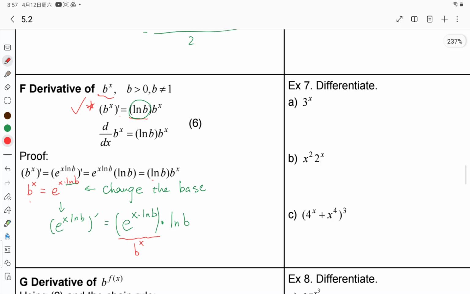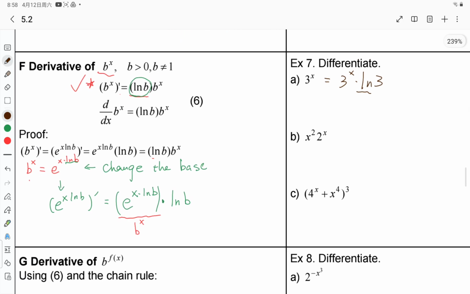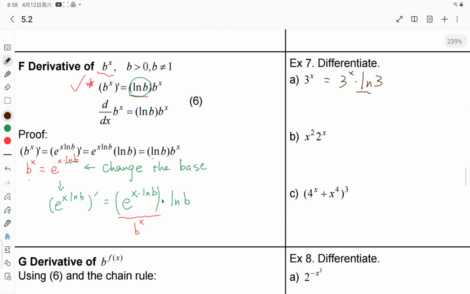Again, this is nothing but directly write it down, right? So this is 3 to the x, and then ln 3, okay? Not log something 3, but ln 3, because we always use ln, right? Because ln is base e again, because in the proof we use the base e, this formula to prove, right?